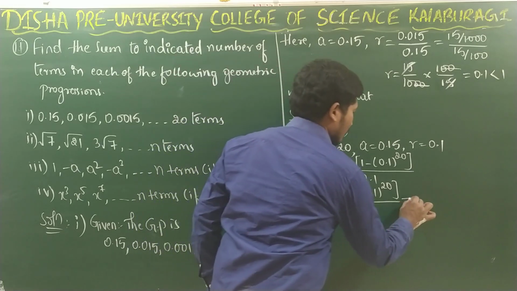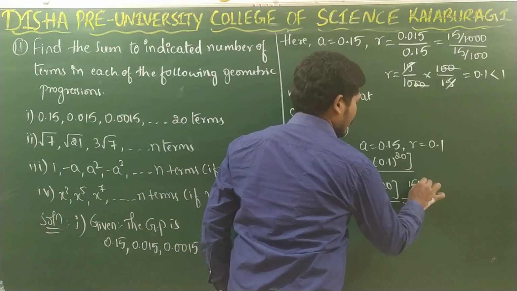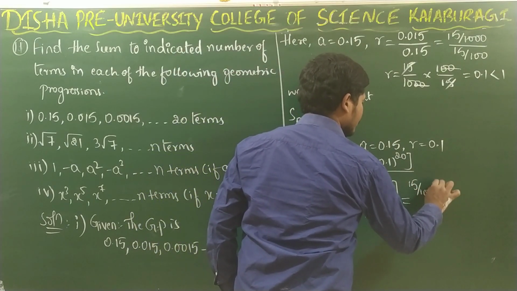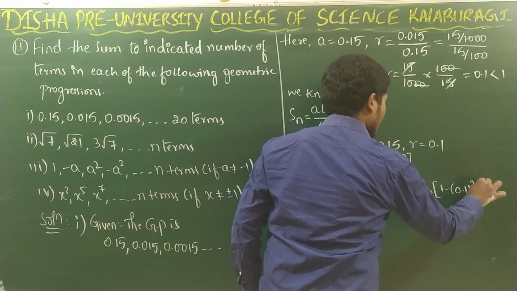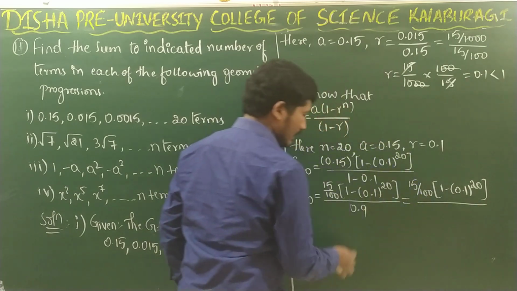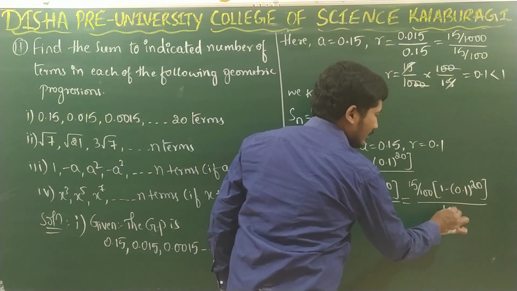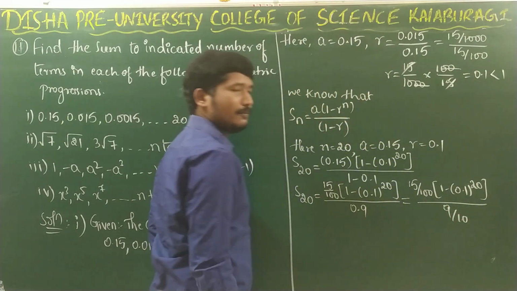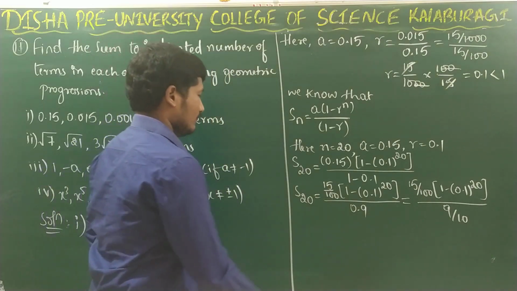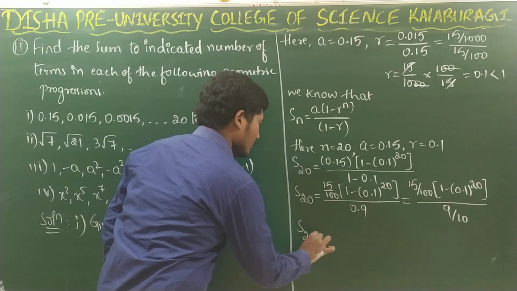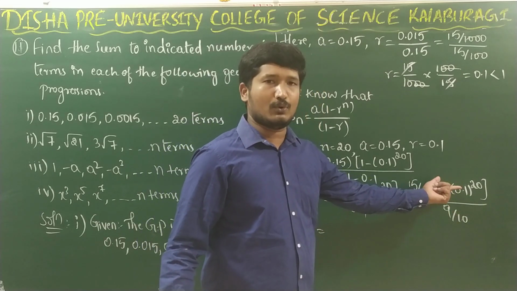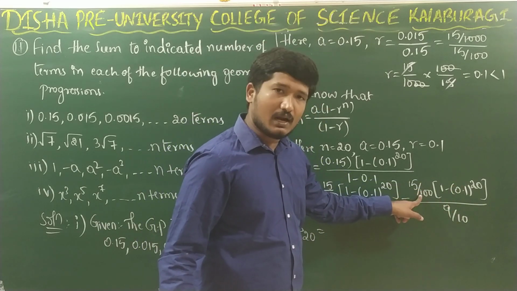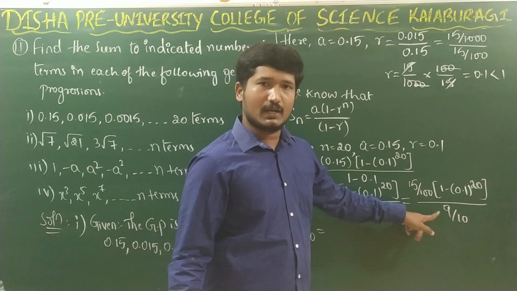So 1 minus 0.1 is 0.9. So this is equal to 15 by 100 into 1 minus 0.1 whole power 20, whole divided by 0.9, which can be written as 9 divided by 10. Am I right? Now S20 is equal to, see, in the denominator we have a fraction, so it will become its reciprocal, and this 100 will come to the denominator, right?